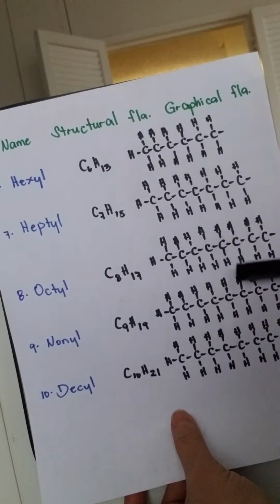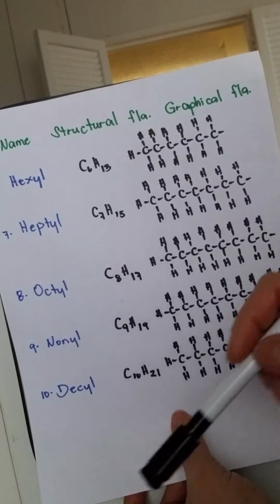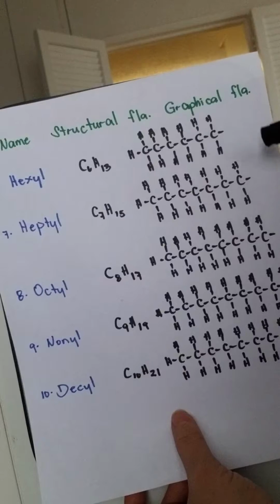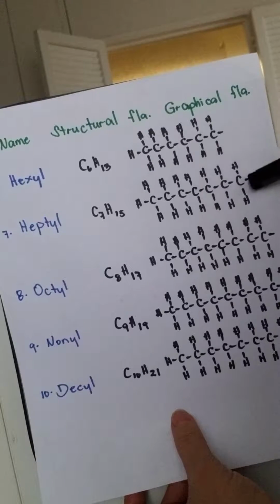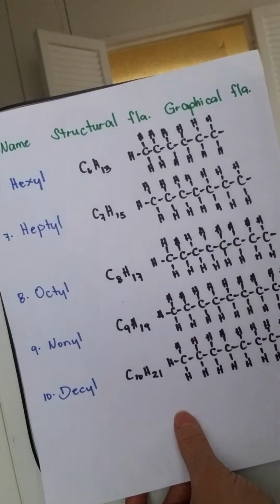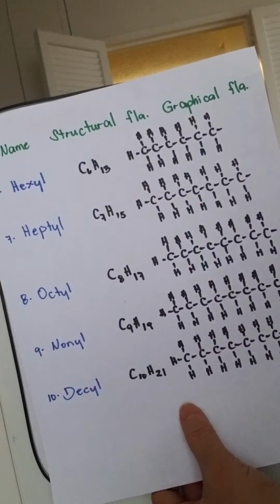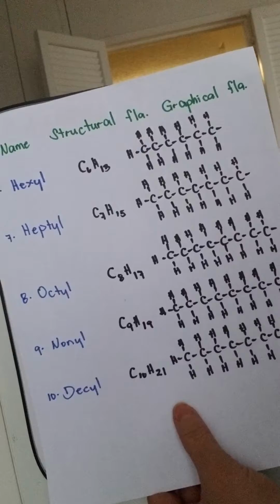And for the graphical formula, follow again the system of how we make the graphical formula. And take note again, don't forget the unpaired covalent bond present in each of these alkyl radical compounds in their graphical formula.